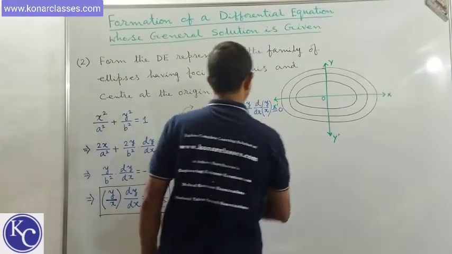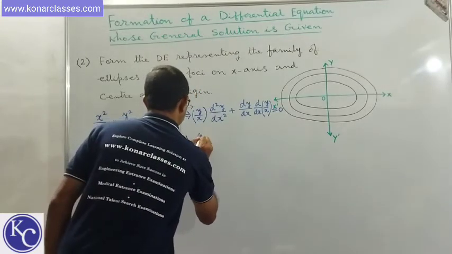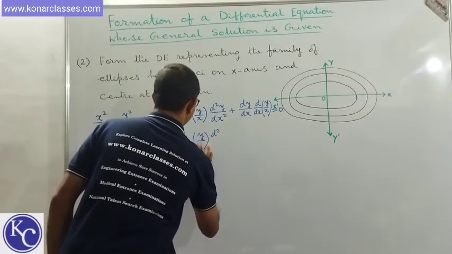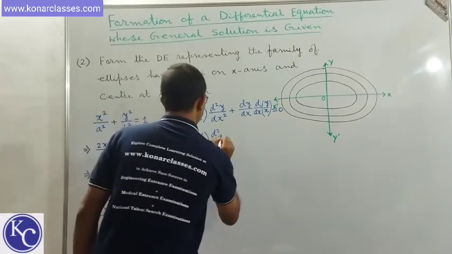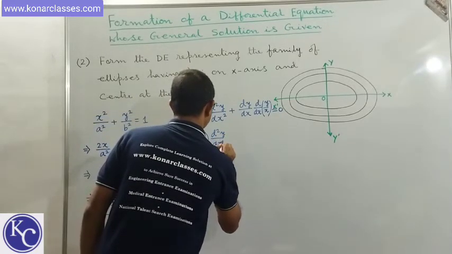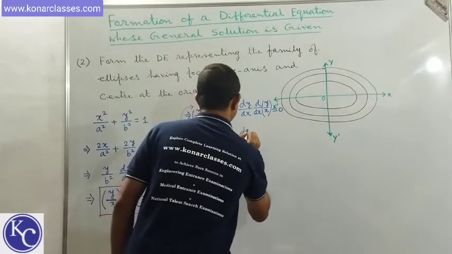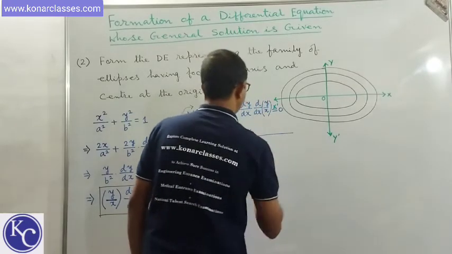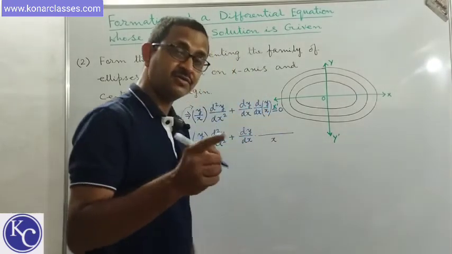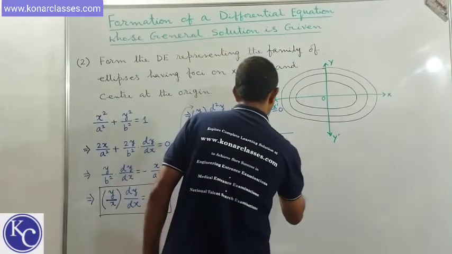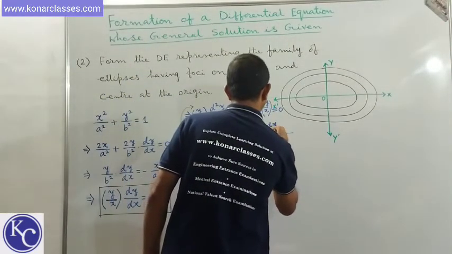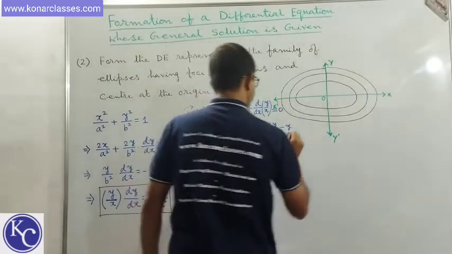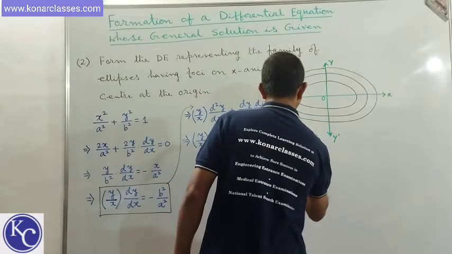So this implies y by x into d2y/dx2 plus dy/dx into d/dx of y by x, that means d/dx of u by v, that is (x into dy/dx minus y into d/dx of x) over x square, that is, minus y into 1, equal to 0.